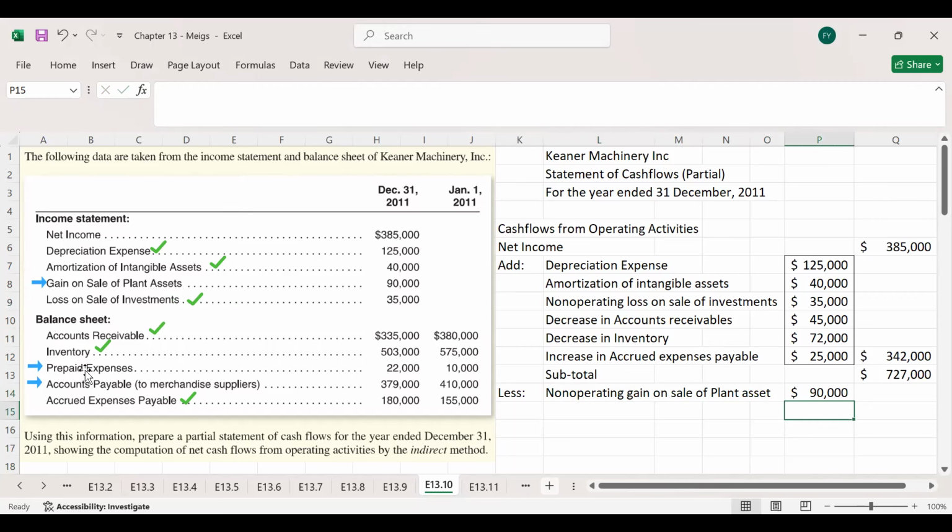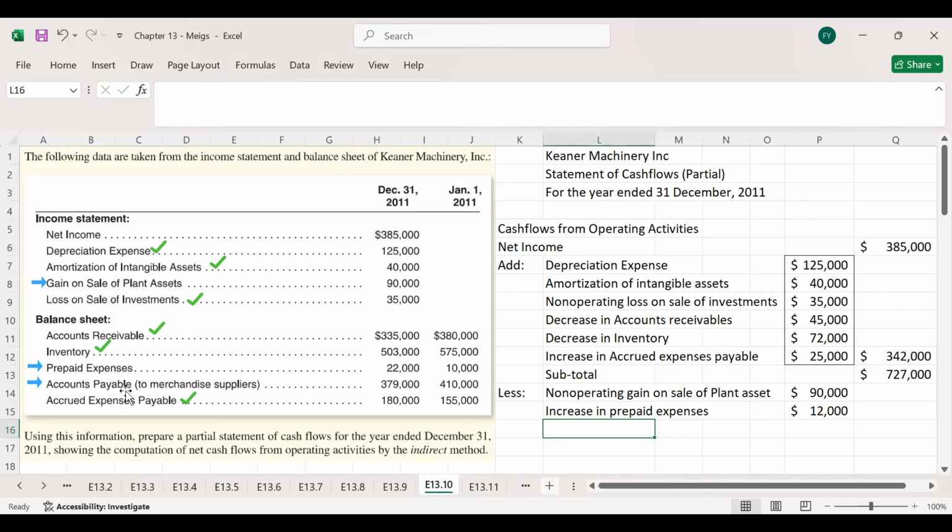Then we have prepaid expenses, an increase in prepaid expenses. How much increase? From 10,000 to 22,000. So 22,000 minus 10,000, the change is 12,000.